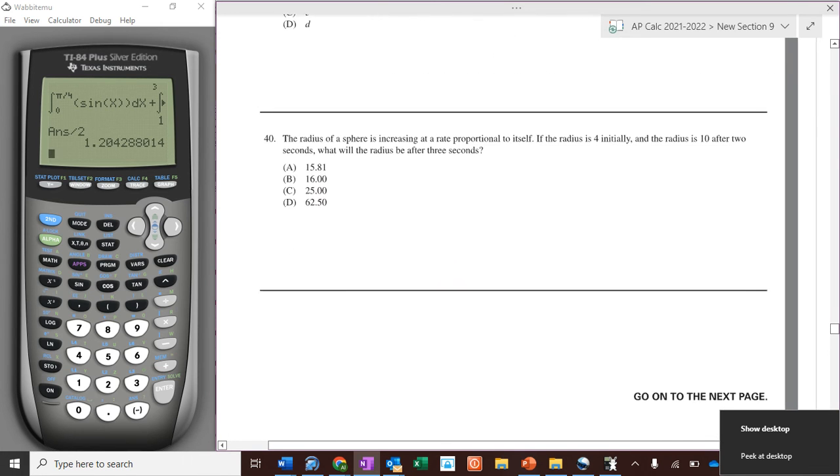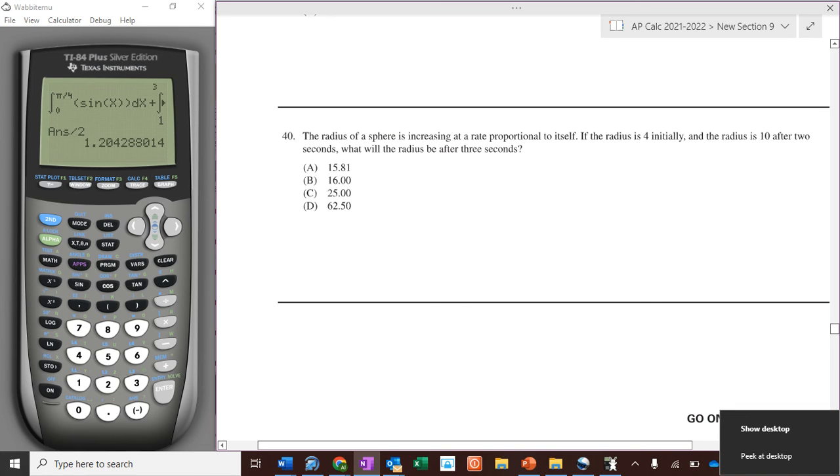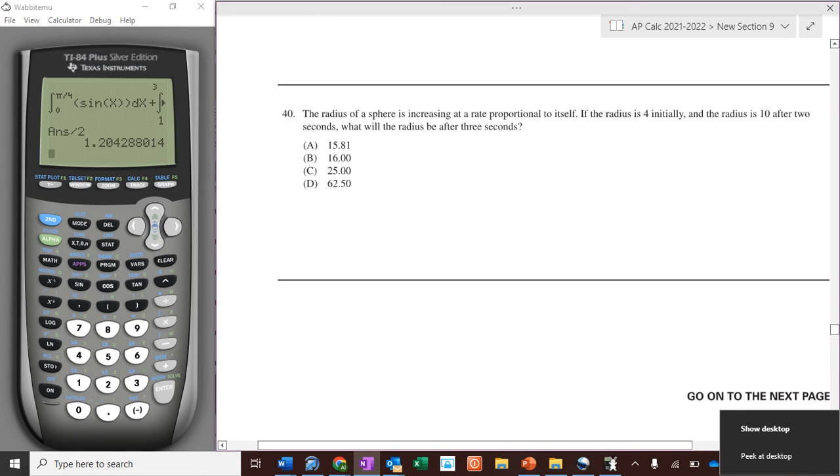All right. The radius of a sphere is increasing at a rate proportional to itself. Okay? This one I didn't know how to do myself. This one I had to look up because I was lost. So hey, when you hit a problem like this, you got a 25% chance of guessing the right answer.